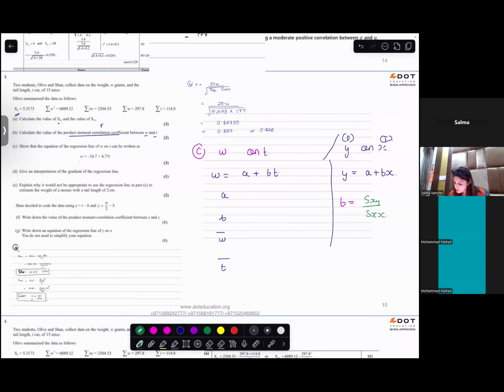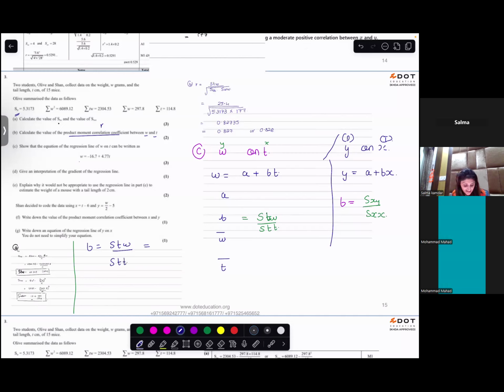So my B is going to be SXY, where this is Y and this is X, so it's going to be STW divided by STT.